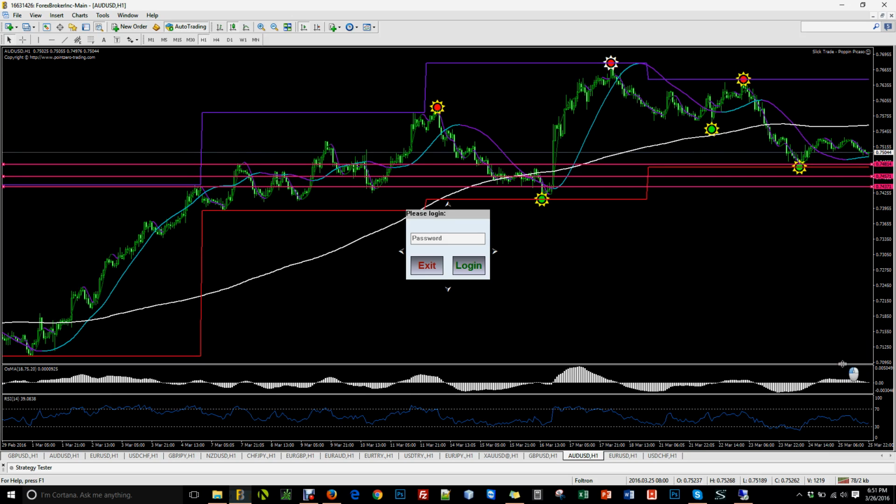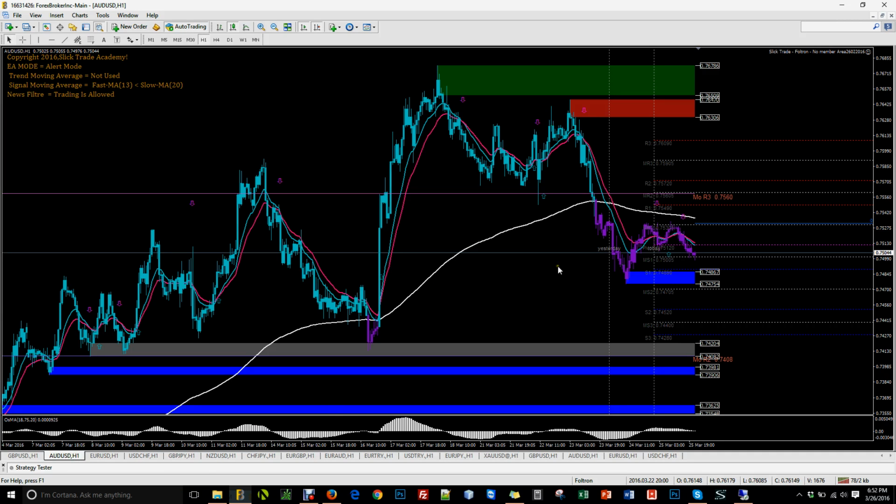Price is below the 200 simple moving average. So those are two things showing that price may continue to the downside. The next thing I'm looking at is the Voltron. The Voltron is showing that price wants to head down. Now it did already head down some.